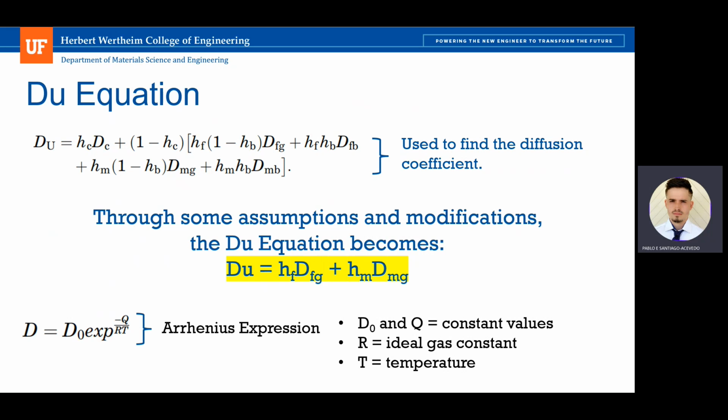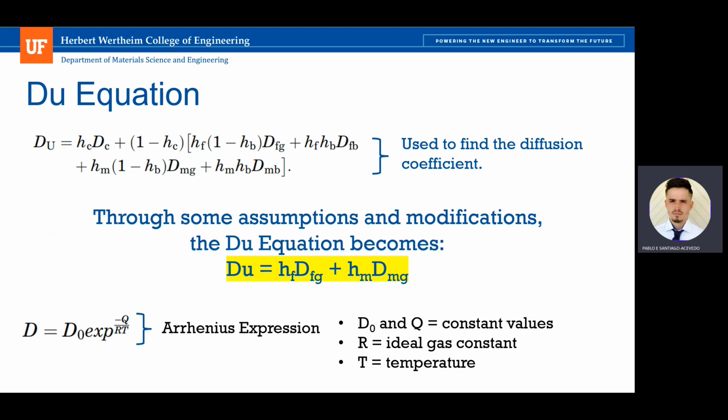Through some assumptions and modifications, the D_U equation becomes D_U equal to h_f multiplied by D_fg plus h_m multiplied by D_mg. It is this way because we didn't consider cracks and boundaries in the simulations.